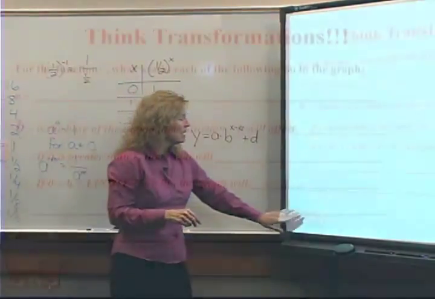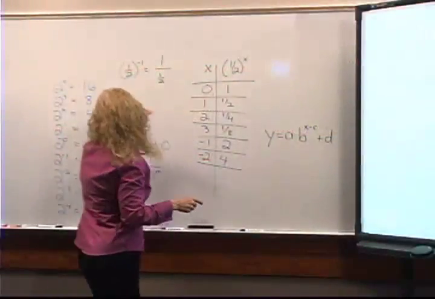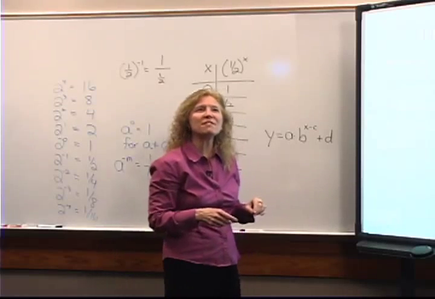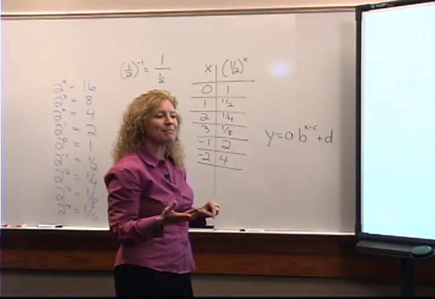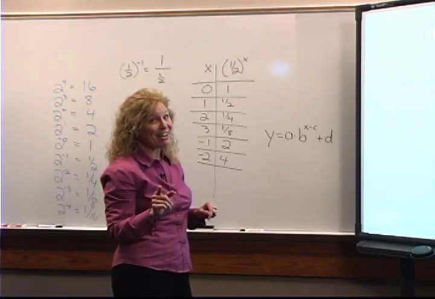the B. Now, just like in the past, that A value is going to be your vertical stretch or compression factor. And if A is negative, it flips it over the x-axis. Now, since b is your base, it affects your growth rate. You know, like the 1/2 or like the 2 over here. You realize that if your family was, say, tripling your pennies every day, work that out for a few days.